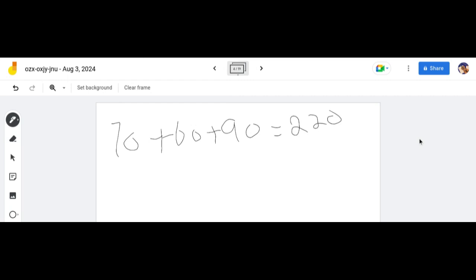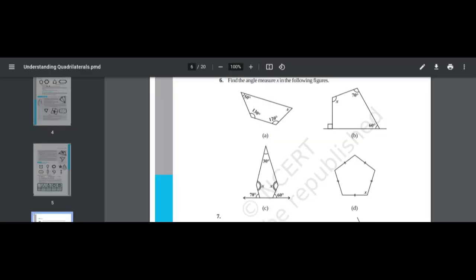If things get tricky, you can simply do this: from the total amount of angle, subtract the given amount. 360 minus 220 is 140. So what will be the x angle? 140. You can write it down.